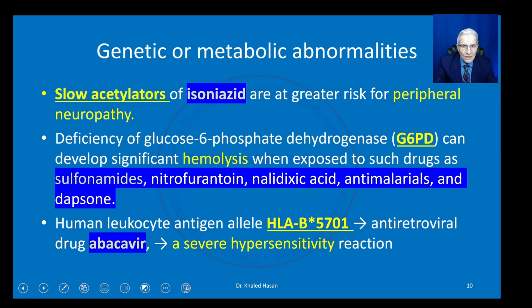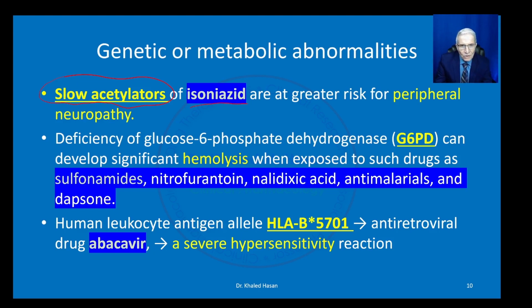Okay, genetic and metabolic abnormalities. This is very important. The highlight is to give you some examples of what happens in the human body. Here you can see we have some people considered slow acetylators. For example, when you try to treat tuberculosis, we prescribe isoniazid.